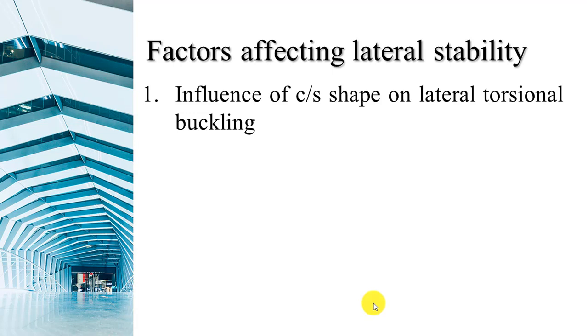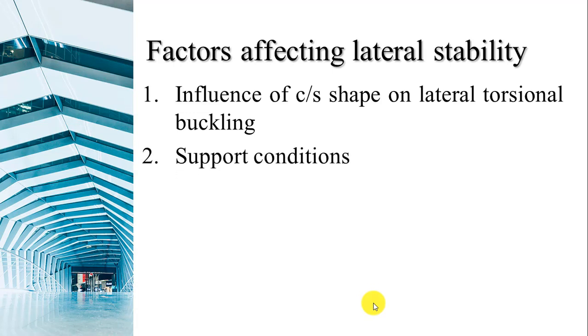So what is this influence of the cross-section? Mainly in steel structures, either open sections or closed sections are used. Open sections means I-sections or channel sections. Those are called open sections. And closed sections means either tube sections or box sections. Those are the closed sections. So what kind of section we are using has an influence on the lateral torsional buckling of this beam. That is why the cross-section should be taken into consideration.